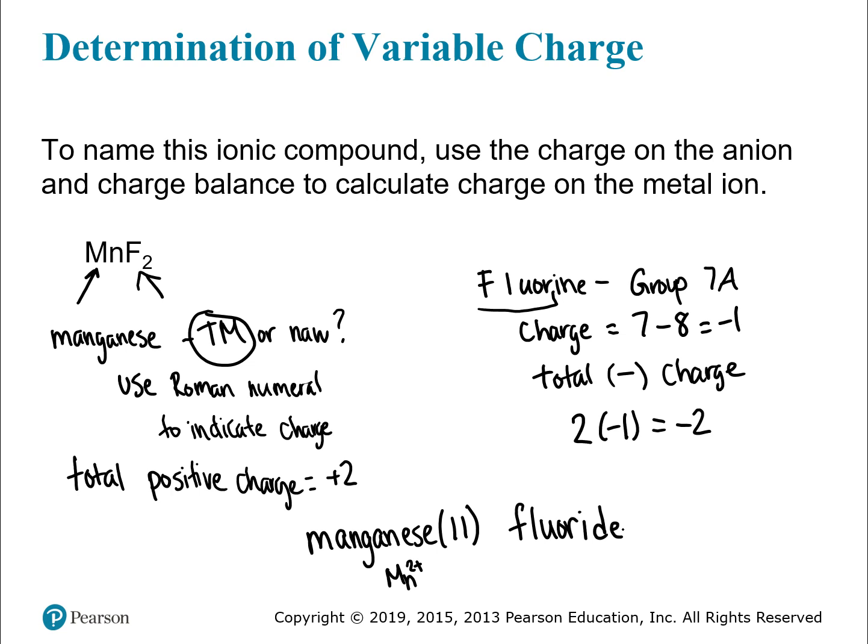Because if you just went ahead and said, oh, it's manganese and fluorine, so that means that it's an ionic compound, and you write manganese fluoride, you would not be correct because you did not indicate the charge of the manganese. So if you forget the step of, is this a transition metal or not, you're going to get the answer wrong. So make sure you pay attention to detail.